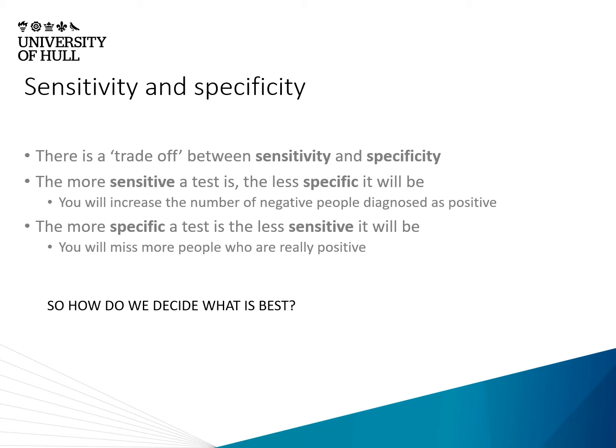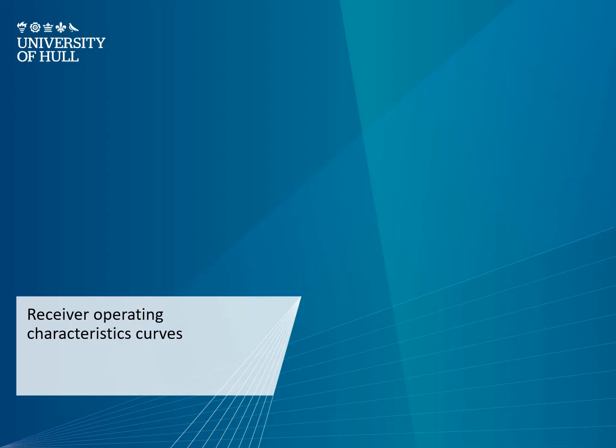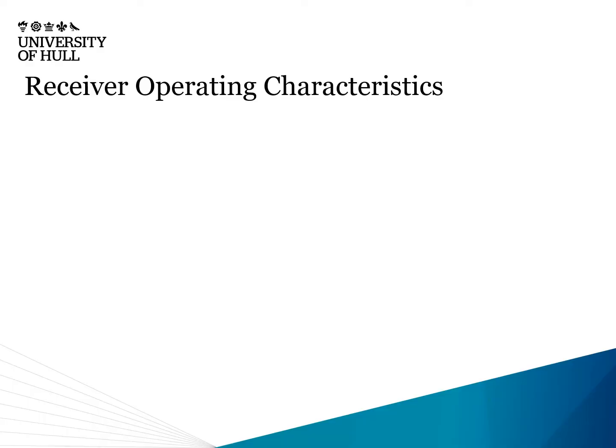So how do we decide what is best? And this is both the art and the science of designing screening questionnaires. We make decisions about sensitivity and specificity using receiver operating characteristic curves. So what are receiver operating characteristics?